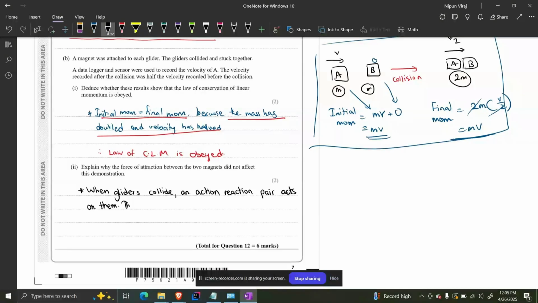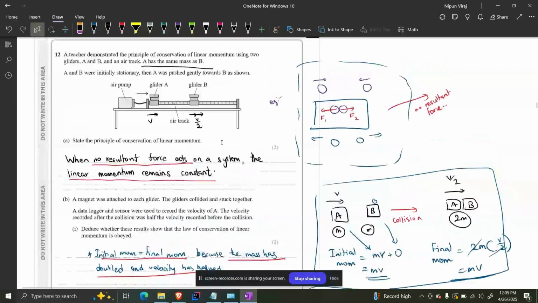Therefore, the resultant force on the system will still be conserved. So that is the situation, and that's what I told before explaining this result.